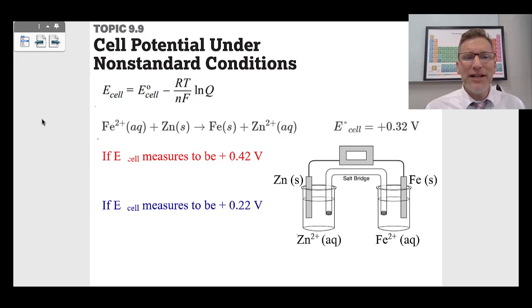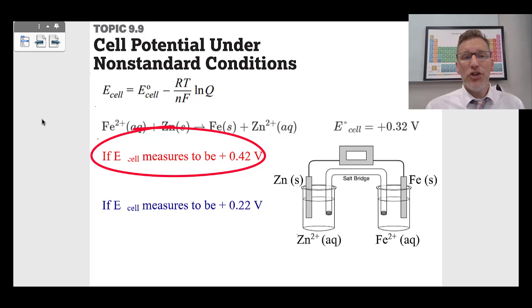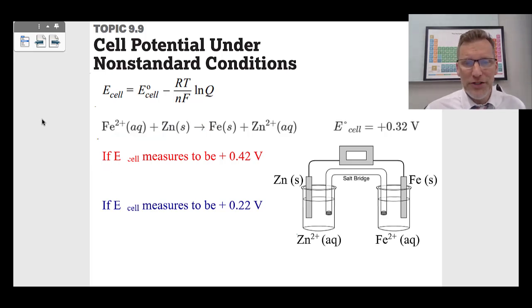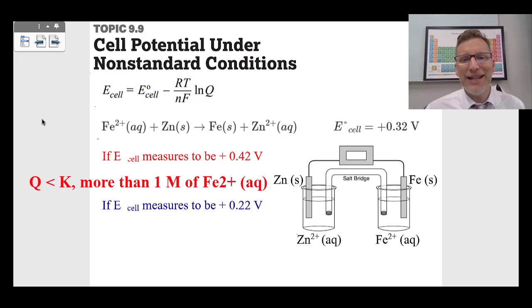But what happens if the E of the cell is measured to be positive 0.42 volts of electricity? You're getting more voltage of electricity, which means your reaction is getting more favored. It's pushing to the right-hand side, which means the Q is less than the K, which means the iron ions have more concentration than the zinc ions.